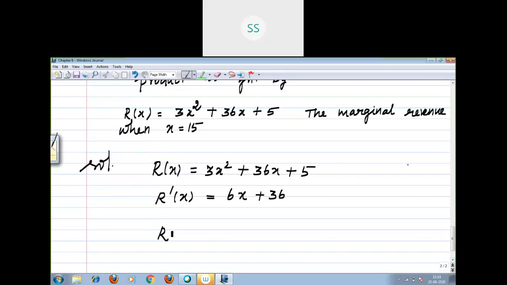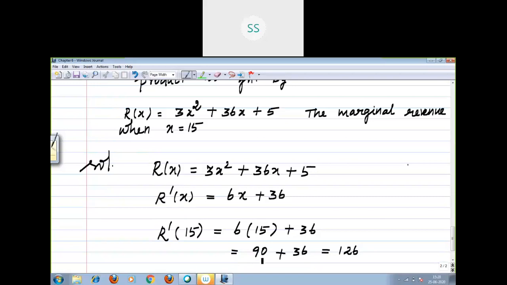Now R dash of 15, that means x can be replaced by 15. 6 into 15 plus 36, which is equal to 90 plus 36, that is 126. What is your option here?